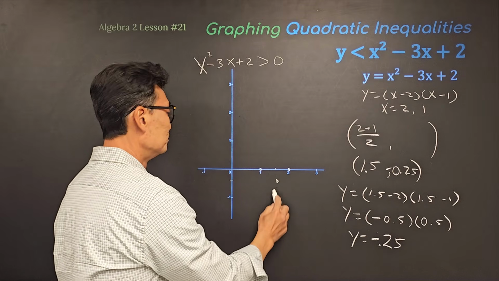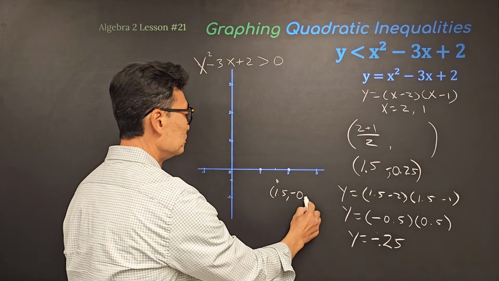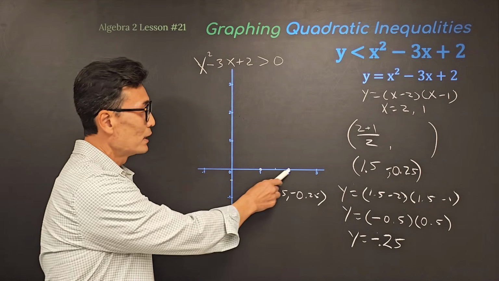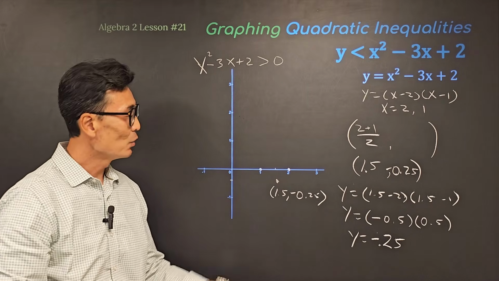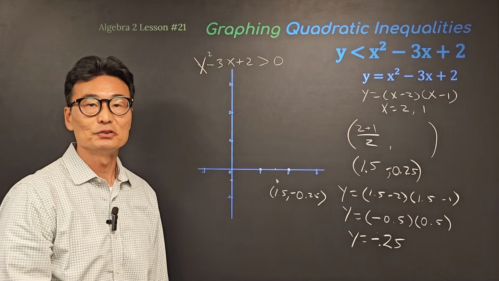So right there. So we have the x-intercepts at 1 and 2, and we have the vertex at 1.5 and negative 0.25.